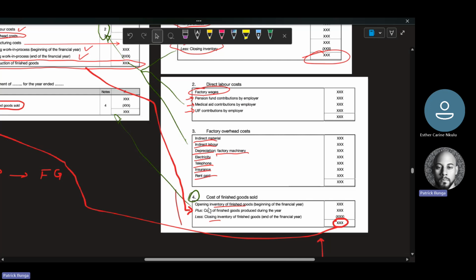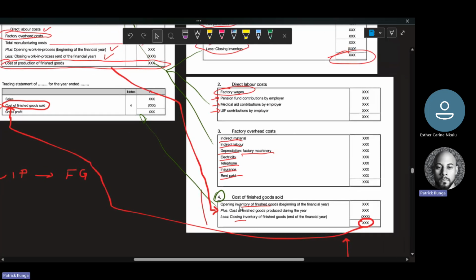Opening inventory for finished goods, meaning what is coming from last year, plus the cost of finished goods produced this year. And as usual, you need to minus the closing inventory of finished goods. So at the end of the year, whatever is left over, you need to minus that, because that will be used in the next year, not this year.